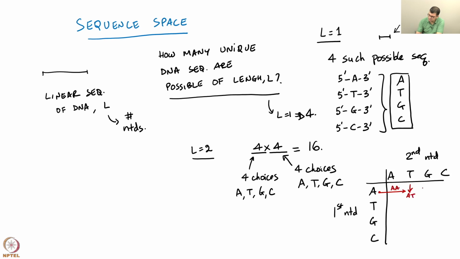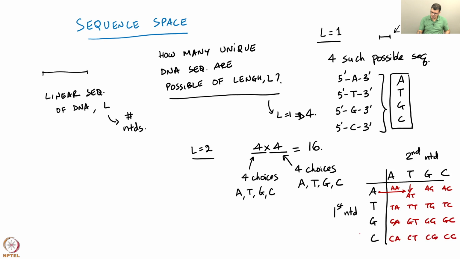This is AA, AG, AC, and similarly TA, TT, TG, TC, GA, GT, GG, GC, CA, CT, CG, and CC.